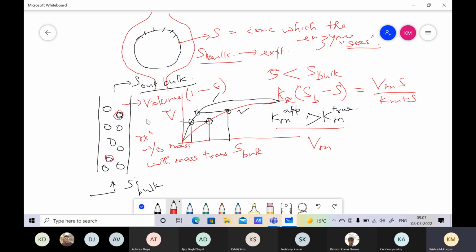That's point number one. Point number two, which is more interesting, is that when you find the larger volume of reactor required, you will also have to calculate what kind of L by D ratio you should use.